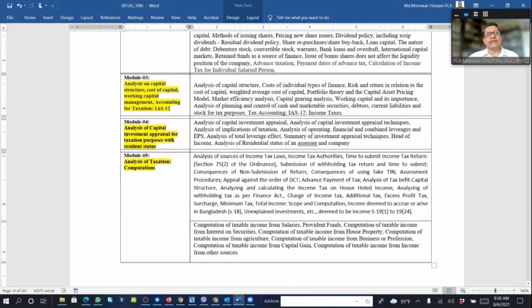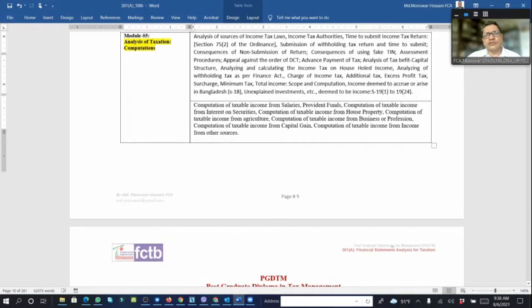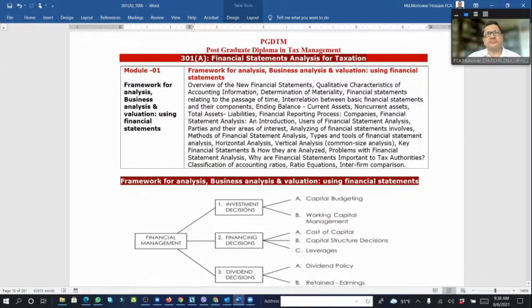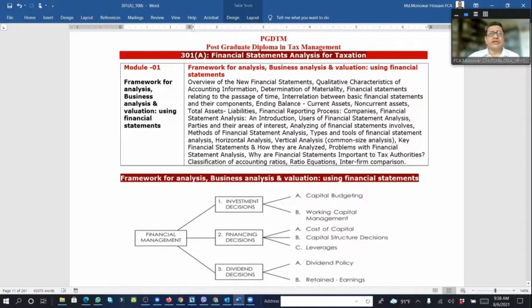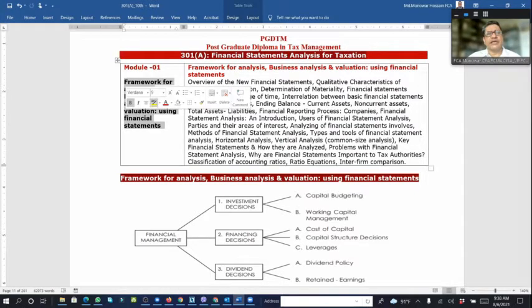In module 3 there are a lot of sources of finance, taxation, etc. Module 4 is capital investment, that means capital budgeting, and then we will analyze the taxation. This way we summarize this paper.